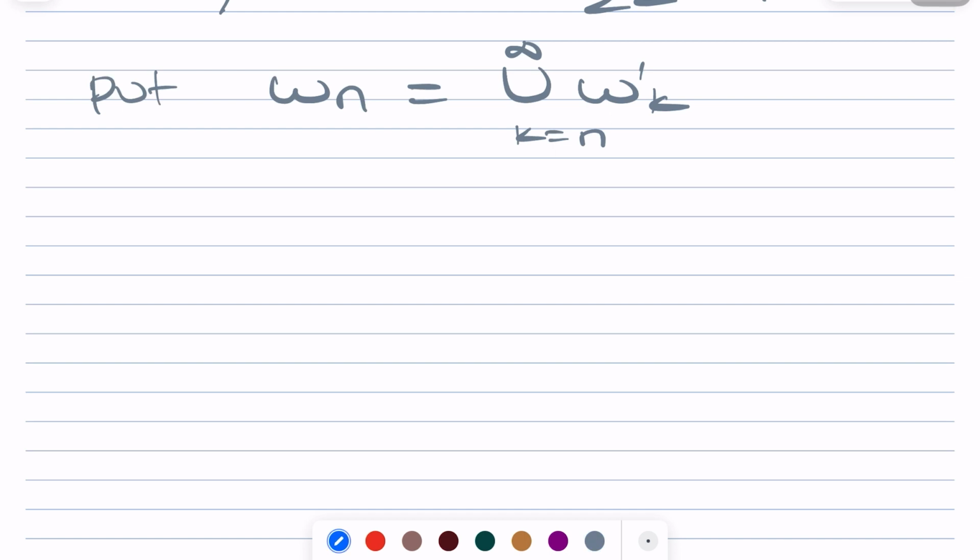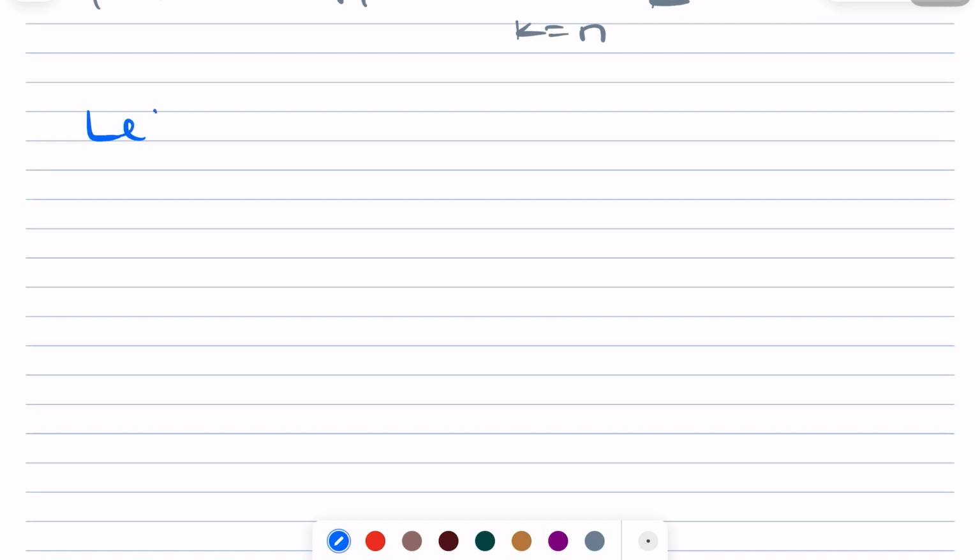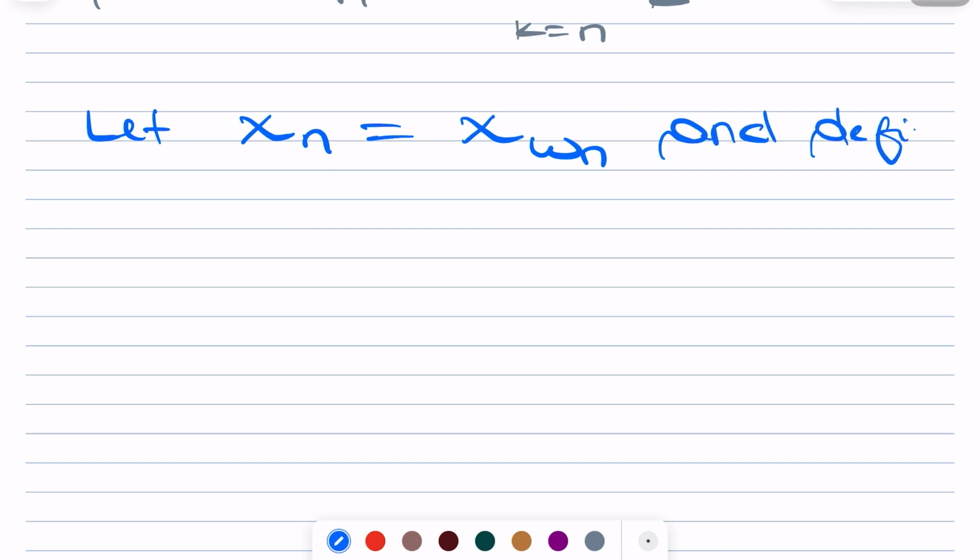Now let chi n be the indicator function of Wn, and define Un to be chi n divided by the L1 norm of chi n.